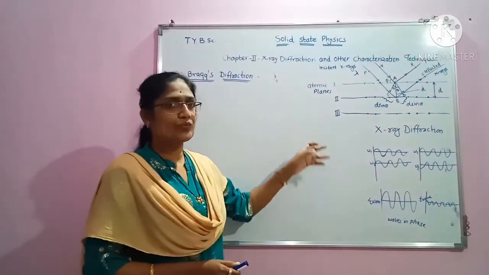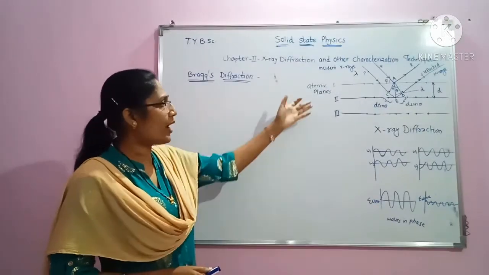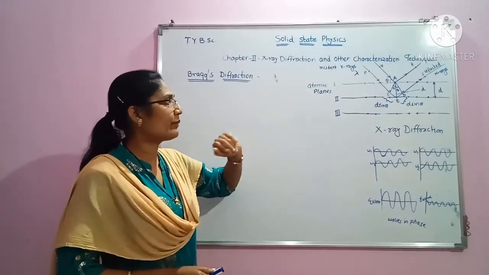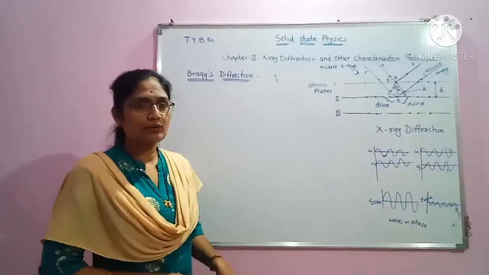In the previous lecture, we have seen that in order to derive Bragg's law, we have drawn atomic planes, that is the plane first, second, third, which are parallel to each other.